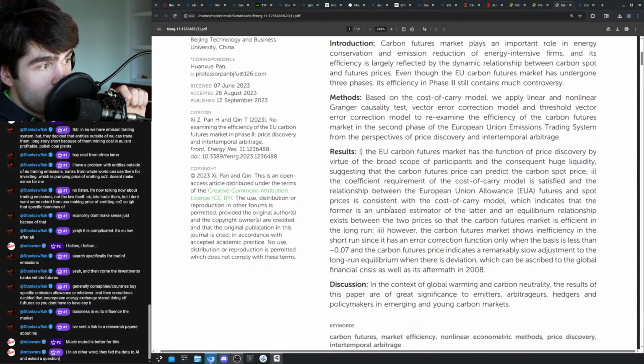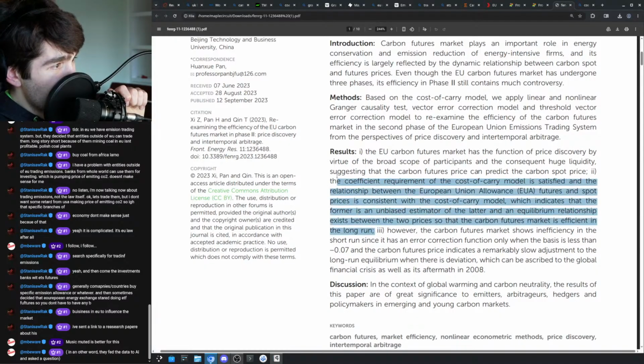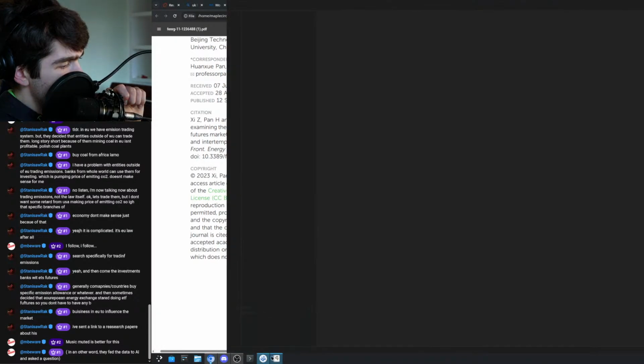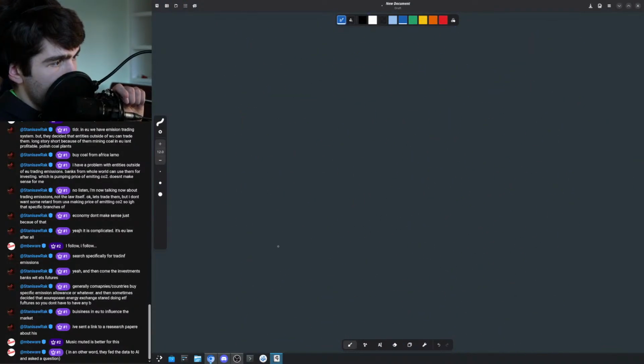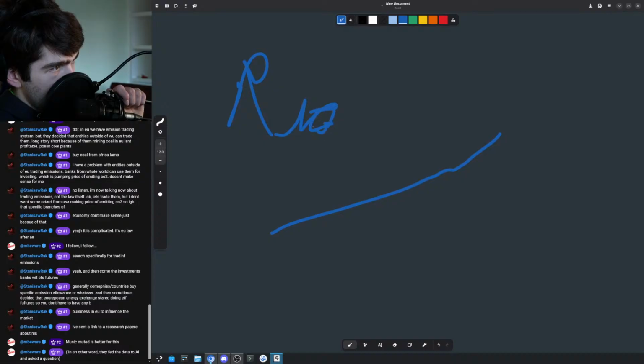Okay, maybe I'm wrong because of my lack of knowledge here, but my understanding from reading this is futures work by trying to guess the price, and risk is baked into this price.